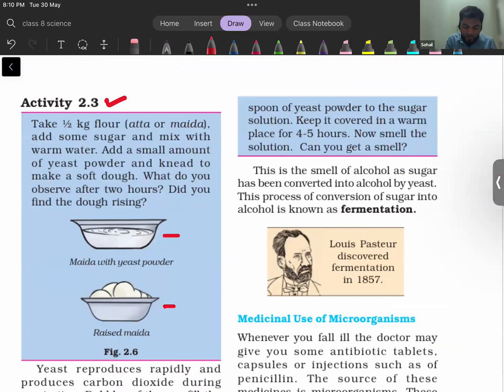Some amount of warm water along with some sugar. So yeast requires a warm environment to grow, and some food also. That food is the atta and the sugar which we have added, and the warm environment is being provided with warm water. So the yeast has got a very good environment to reproduce and multiply further.